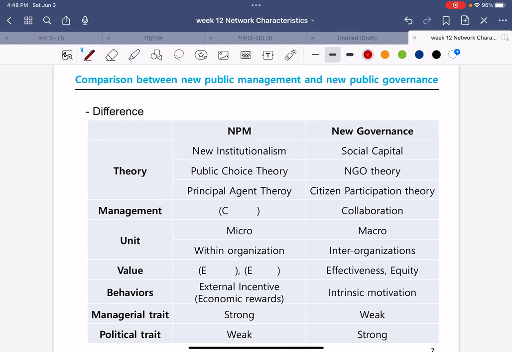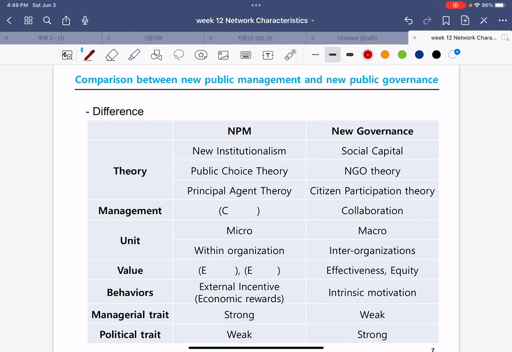Just like private employees, public employees try to pursue their self-interest, and NPM explains the motivation of public employees on the basis of their self-interest.